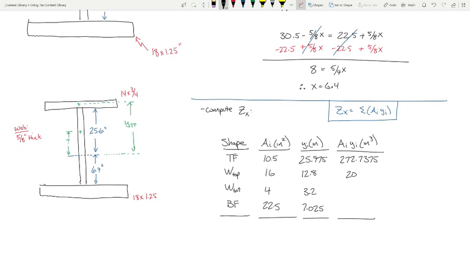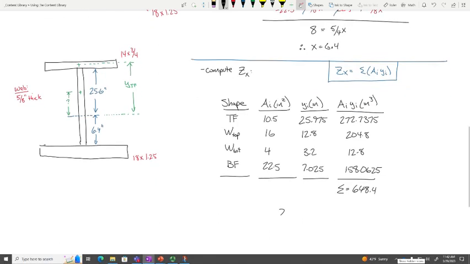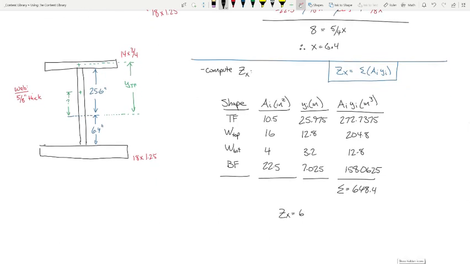This is 204.8, 12.8, 158.0625, and when you sum all that up, you get 648.4. I propose that ZX is 648.4 inches to the third.